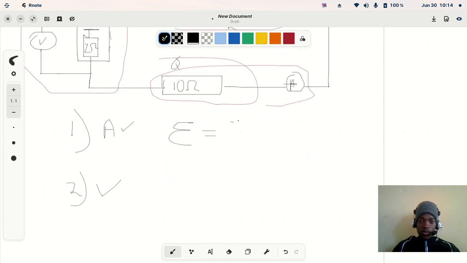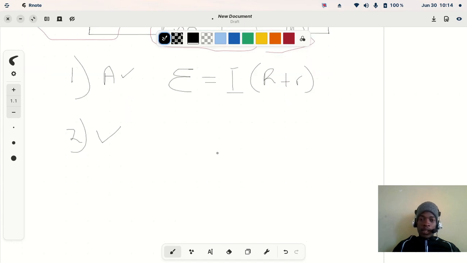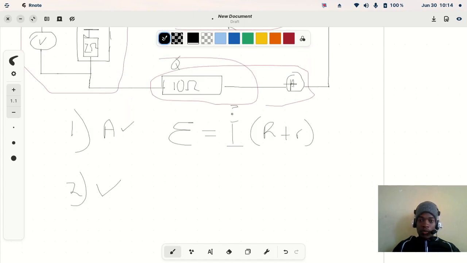So we know that E is equal to I R R. Then we are essentially looking for the current, because remember, the ammeter measures the current. And we have all those.